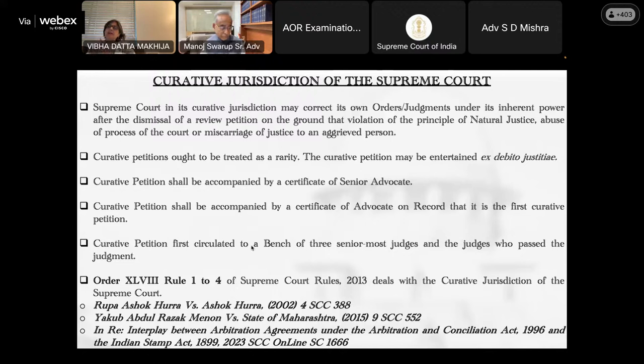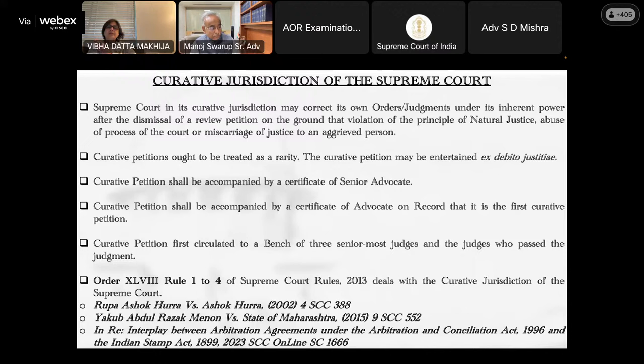And in the case of NN Global, where the arbitrator's powers with regard to the stamp duty were decided, the decision was also then opened up in a curative petition. So we see that from Rupa Ashok Hurra onwards, kindly see all the curative petitions.